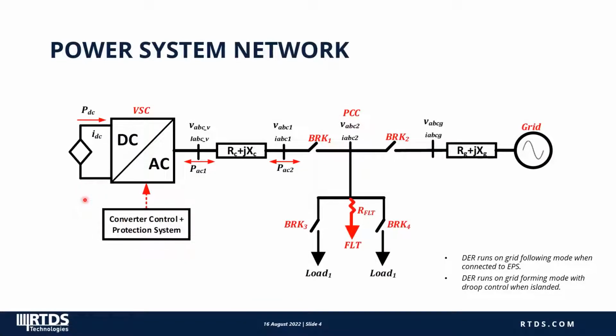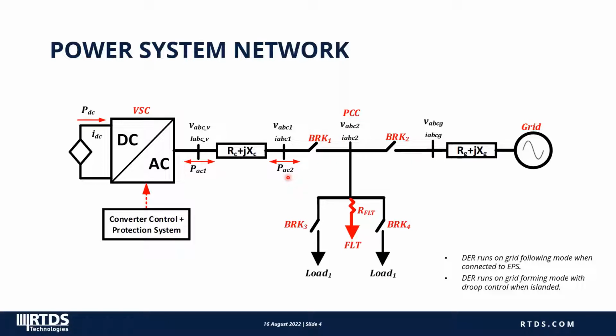Here shows the diagram of the power system network modeled in this case. The DER here represents a simple battery system modeled by a DC source. It's interfaced with the grid using a converter through the point of common coupling, PCC, here.